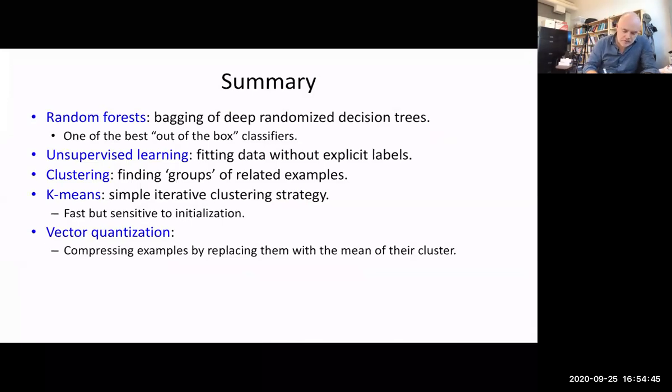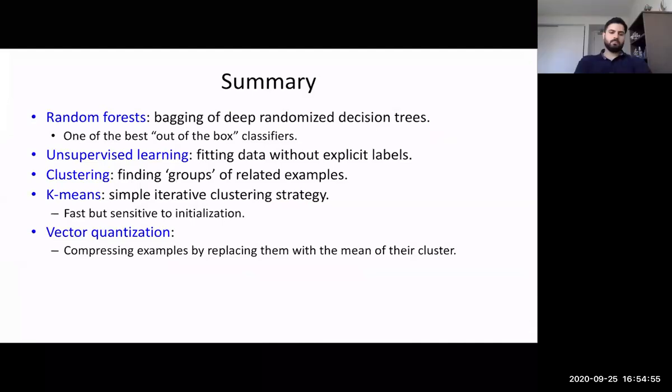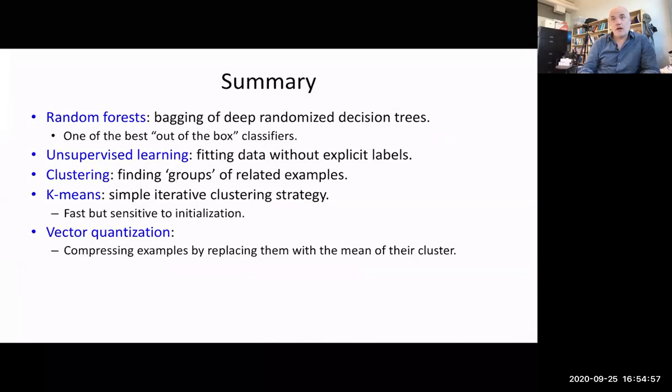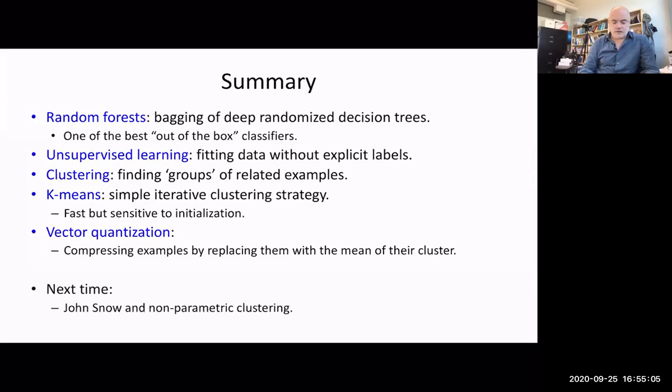K-means is one algorithm for doing that. It's very simple, and it's sensitive to initialization, unfortunately. And vector quantization builds reduced dimensionality, lossy representations of the data by replacing data items with the means of their clusters. That's it.